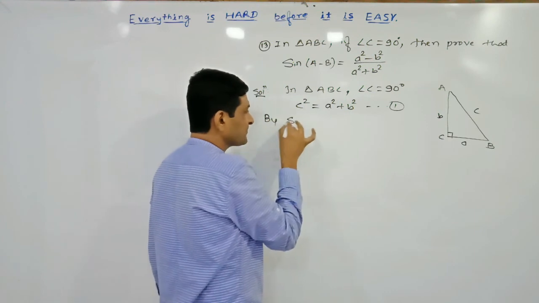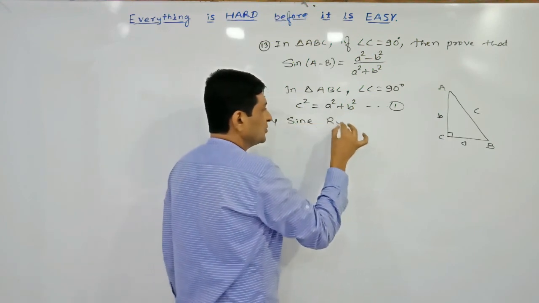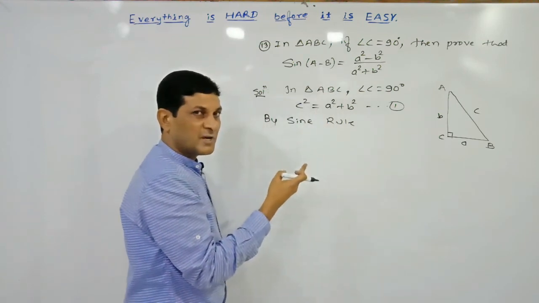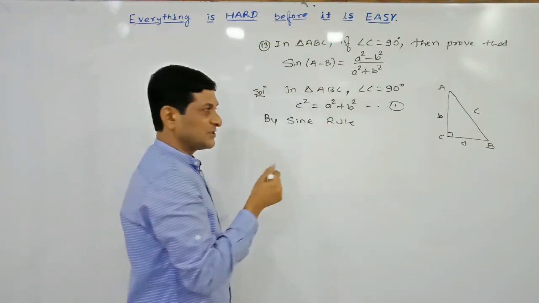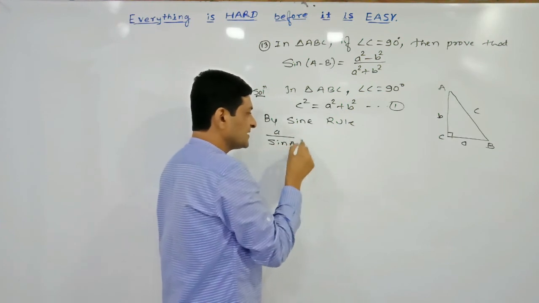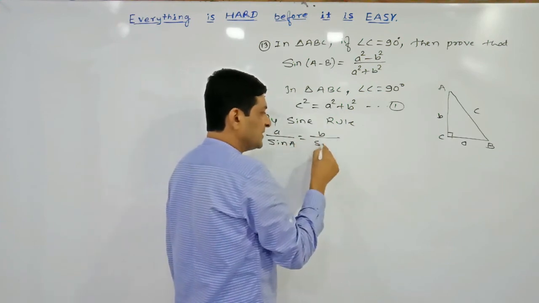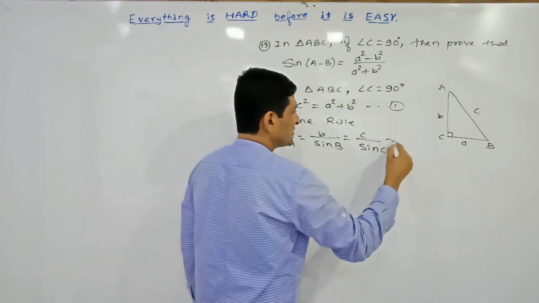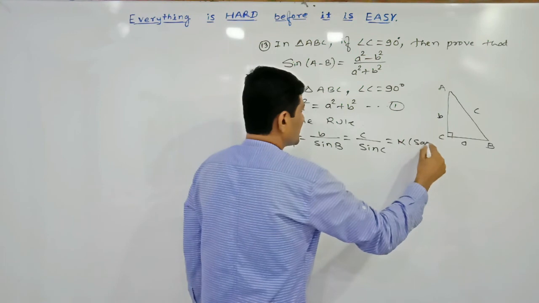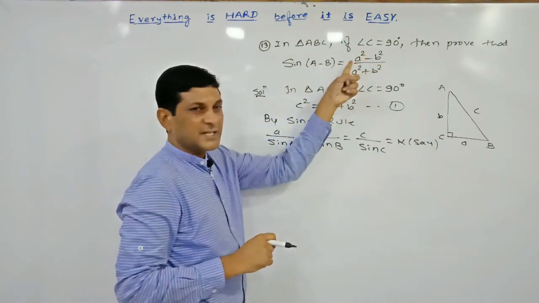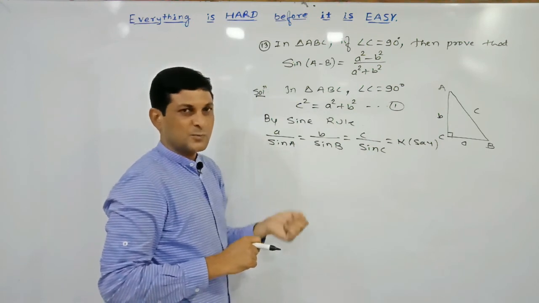By the sine rule, since we have to convert small a, b in terms of trigonometric functions, write a upon sin A is equal to b upon sin B is equal to c upon sin C. Let us denote this ratio by k. We have written a, b, c in the numerator because if we are considering the right hand side, we will require the values of small a, small b.